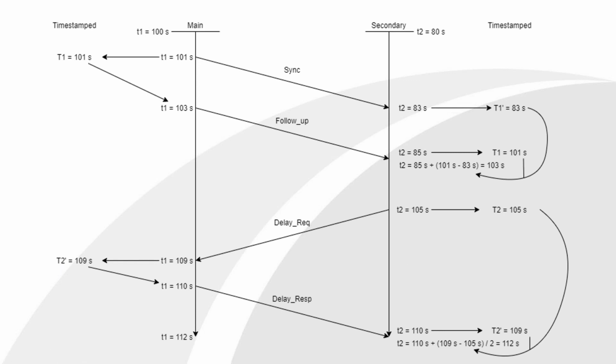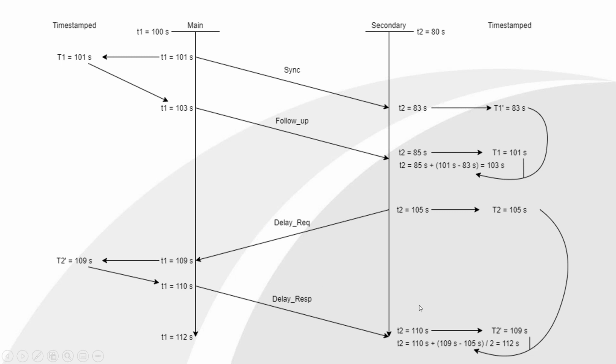The final message is a delay response message, where the master sends the timestamp of when the delay request message arrived back to the slave. Now the slave knows when it sent the message and when it arrived. These two are 4 seconds apart because there are 2 transit delays: one from the original 2 messages, and one from the delay request message.